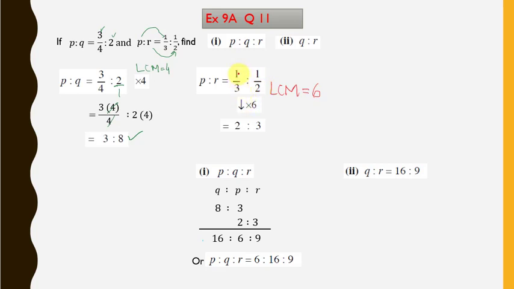When you multiply 6 by this one, 3 1 times, 3 2 times 6, we have 2. When you multiply 6 with this, we have 2 3 times 6, we have 3. So 2 is to 3. Now this is actually our p, and this is our r. Fine. Now we will solve part 1 and 2.